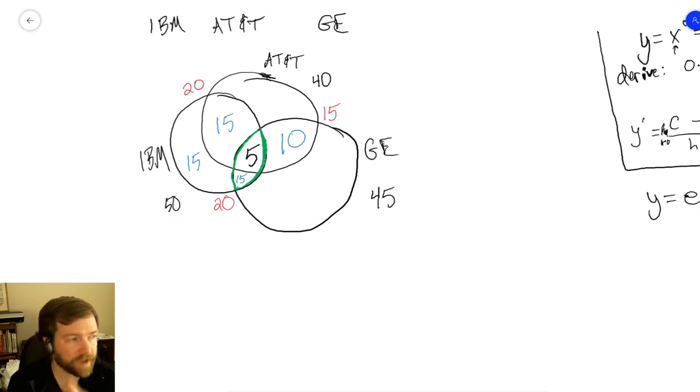For GE, we've got the similar numbers here. So 15, this is another 15, and it's going to get us 45, so this total is going to be another 15. Over here, same thing. If this circle is 40, then we've got 15, and 15 is 30, plus 10 will be 40. Now, if we add up all these numbers, they should be 100. If we're not up to 100, then we've got problems. Also, I would like to try it the other way just in case.